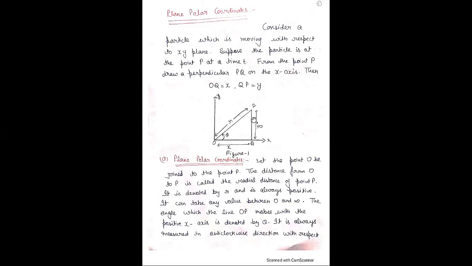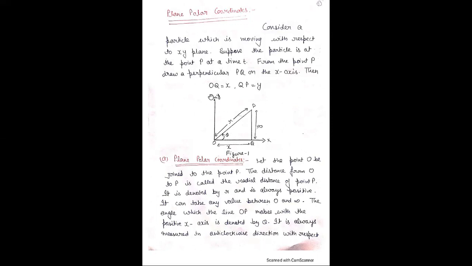Here P is a point that locates the position of a particle. R is the distance of point P from the origin, and OP makes an angle theta with the OX line. Here R is the radial distance and theta is the polar angle.